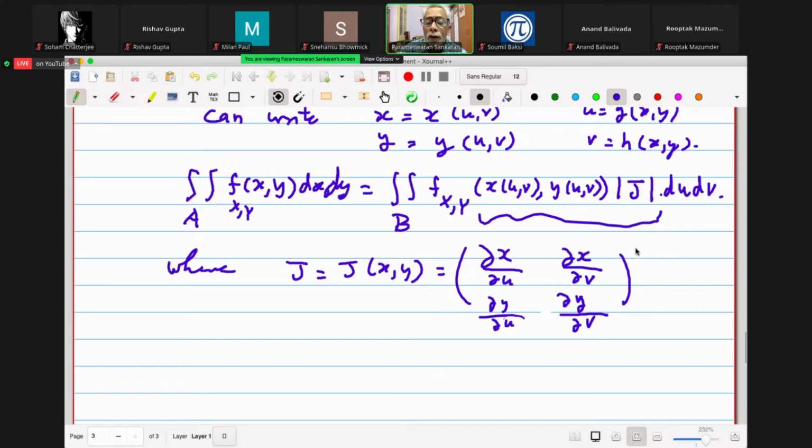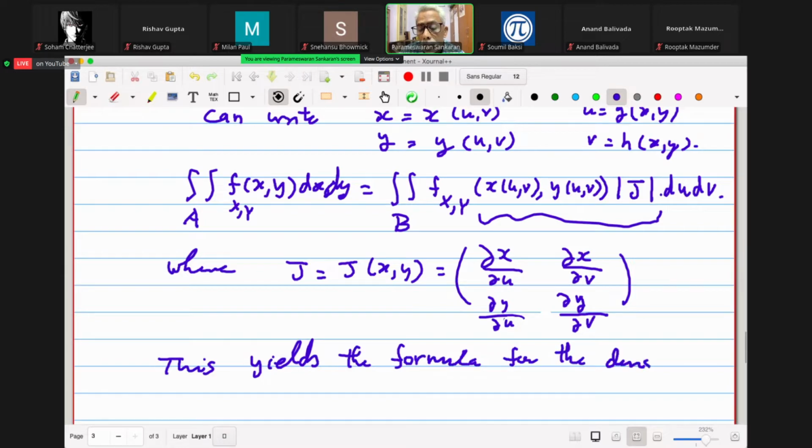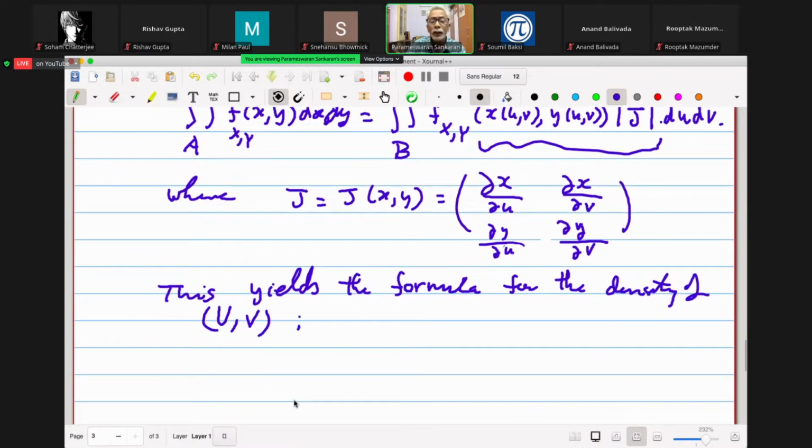Anyway, once you have this, now you have a formula for the density. So this yields the formula for the density of (u, v), which is an integral. You are only interested in the very special type of this, which is minus infinity to u, minus infinity to v.